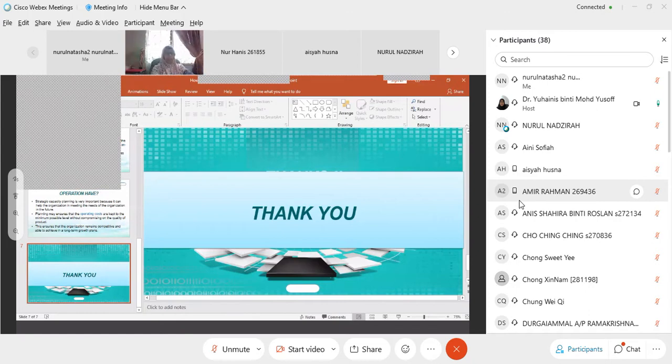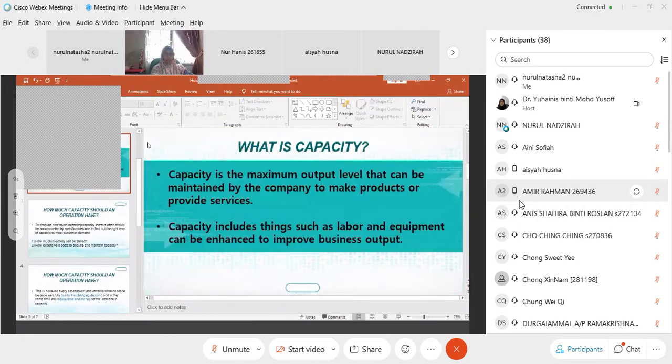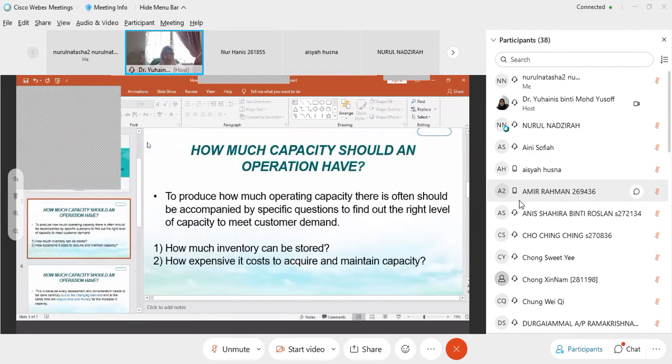Sorry, can you go back to the third slide, please? Okay, to produce how much operating capacity there is often should be accompanied by specific questions to find out the right level of capacity to meet customer demand, how much inventory can be stored, how expensive it costs to acquire and maintain capacity.